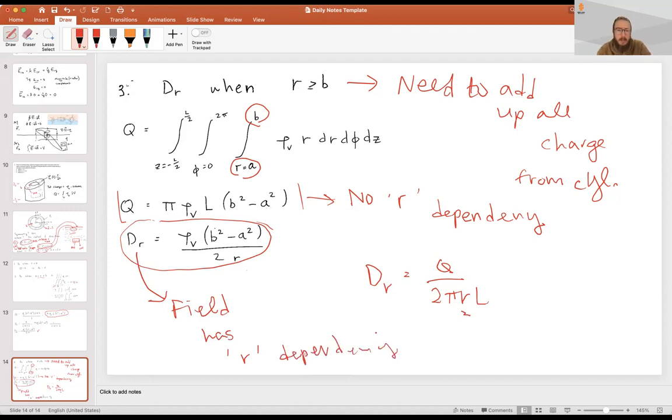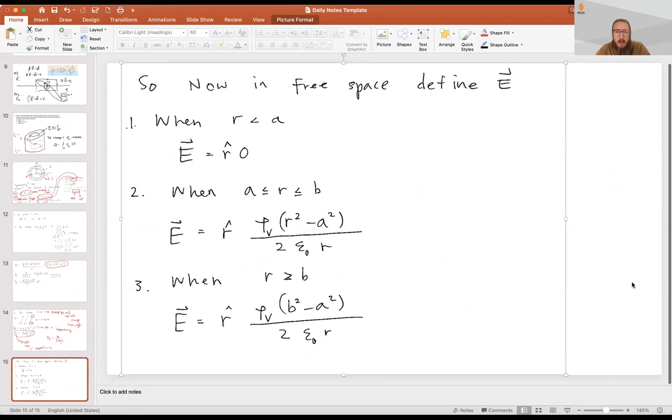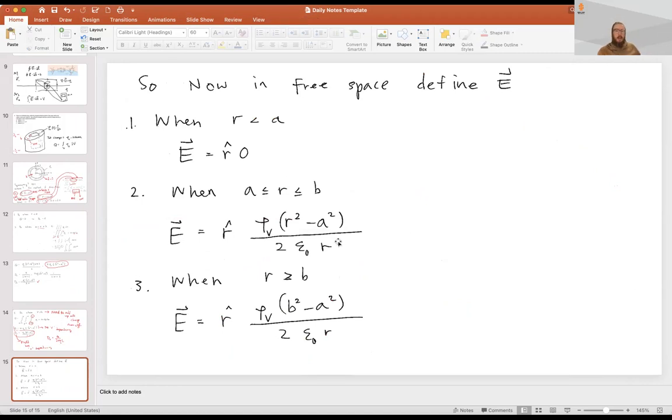And that is why at the end, when you get to the final result where you come up with expressions for the electric field in each of the 3 regions, these two have that R dependency.